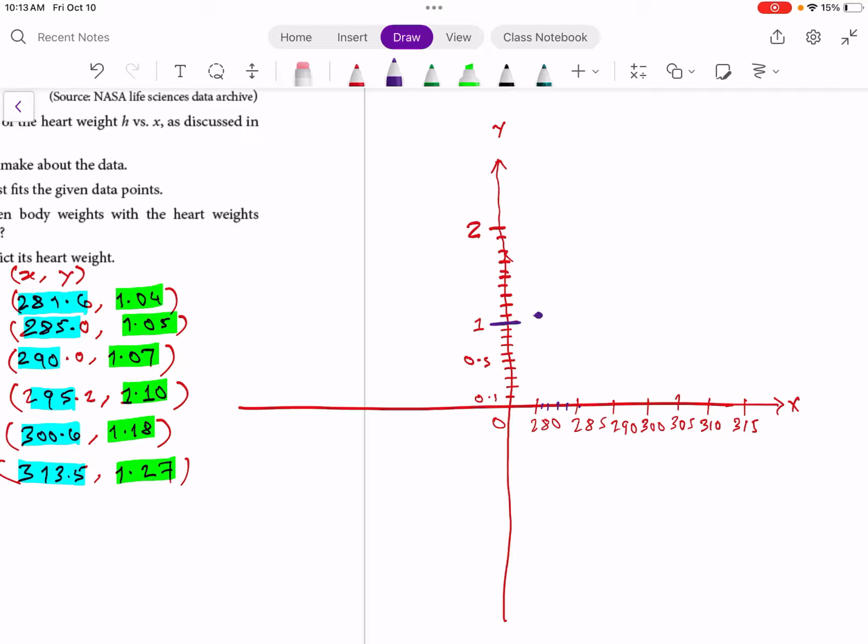So we have a second point slightly above the first point, at 285. No, this does not look like 285. So somewhere here. Now the next 290 and 1.07.